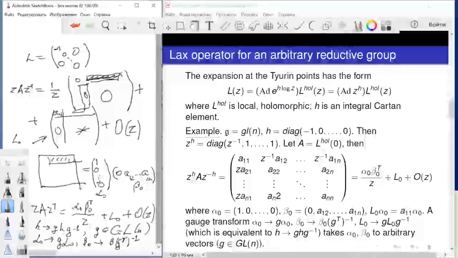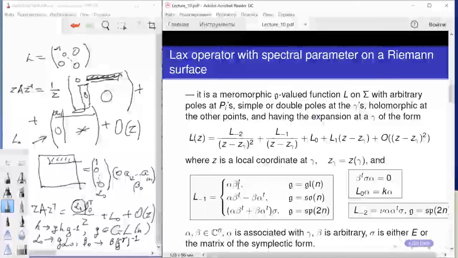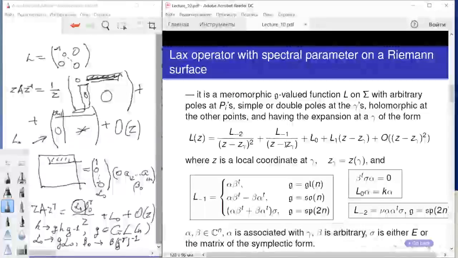Finally, after conjugation, we obtain an arbitrary vector here, and we exactly obtain the expansion for L, which I postulated here for JLN.